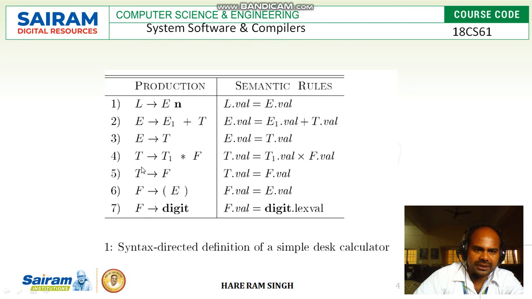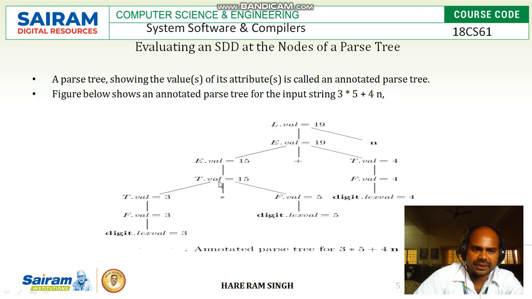Now T, what is T? T is generating T1 into F. So T can generate T into F.